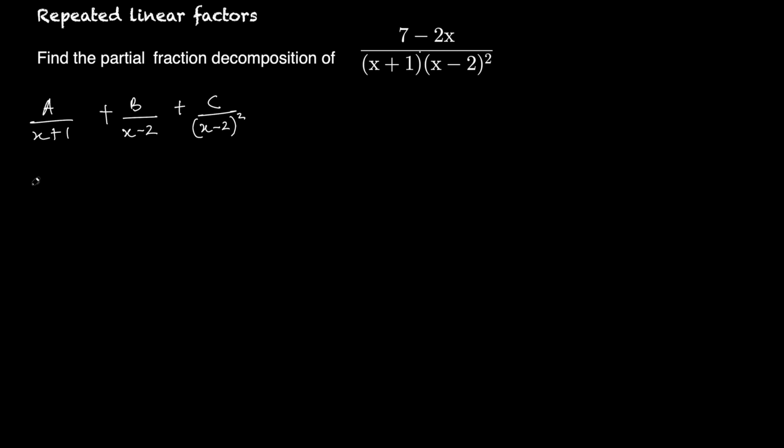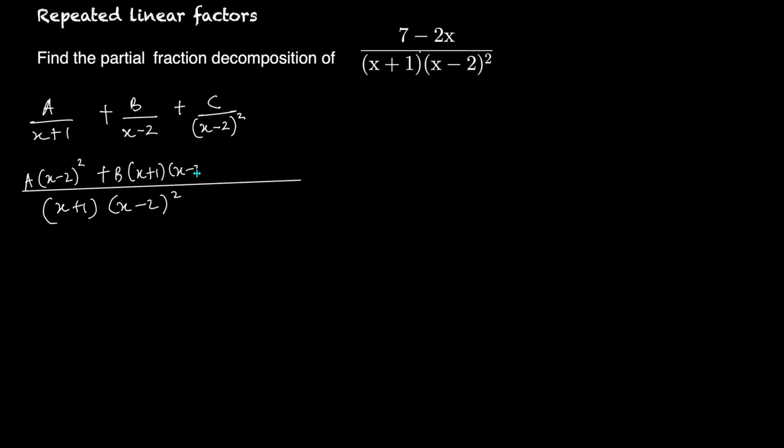Now we find a common denominator. For this, we have (x plus 1)(x minus 2) squared. So when you do that, we have A multiplying (x minus 2) squared, plus B times (x plus 1)(x minus 2), plus C multiplied by (x plus 1).